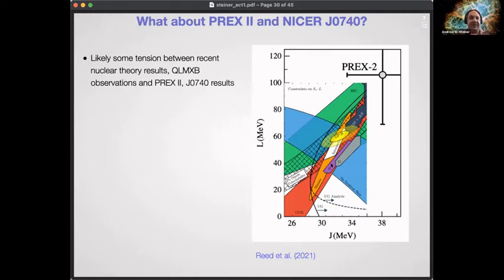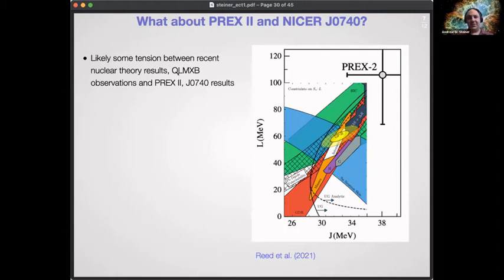Quiescent low mass X-ray binary observations, in particular the neutron star in NGC 6397, also suggest relatively small neutron star radii. On the other hand, the PREX2 result and the NICER result on J0740, which we heard about yesterday, I believe, suggest large radii.